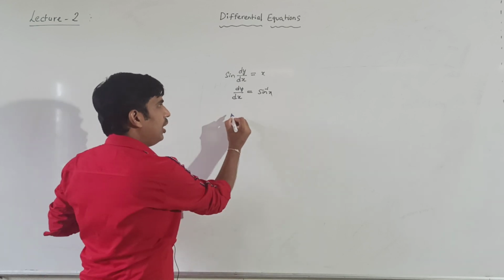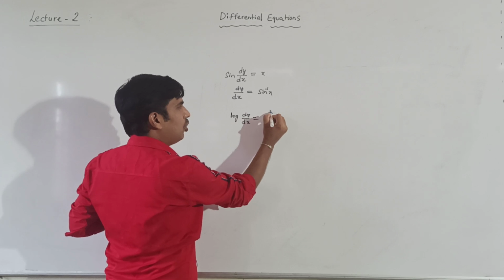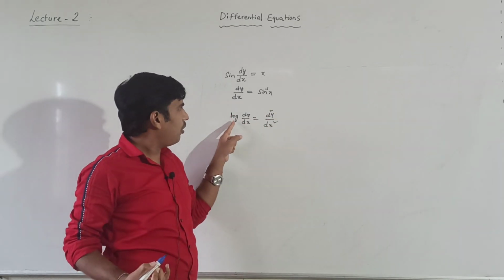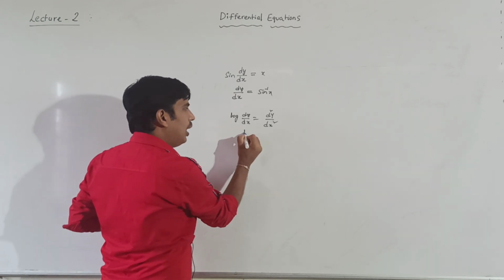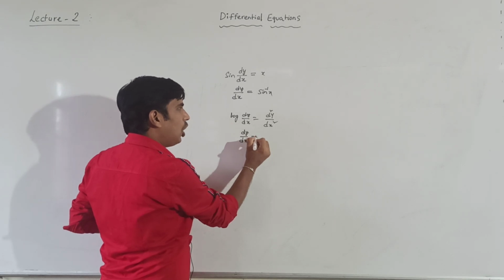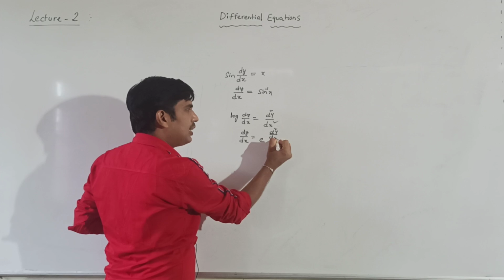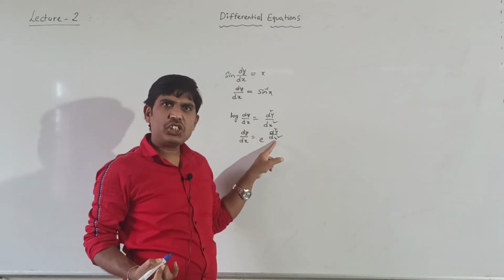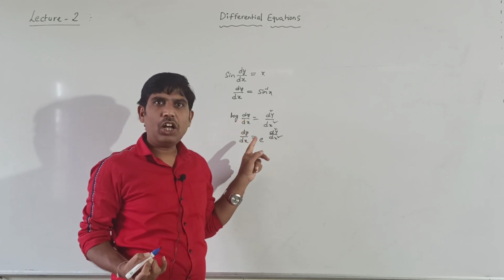Suppose in one problem log(dy/dx) = d square y by dx square, a transcendental function including derivative. If you want to eliminate this, take log to the left side, what does it become? dy/dx = e power d square y by dx square. Again a transcendental function including derivative, therefore degree is not defined.